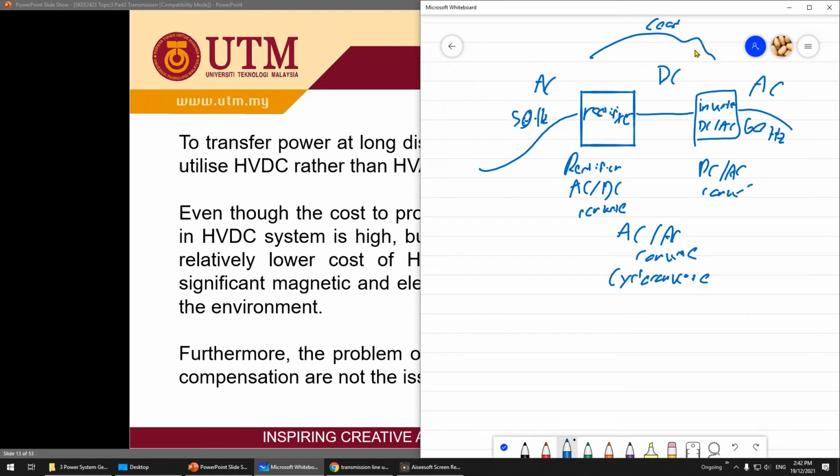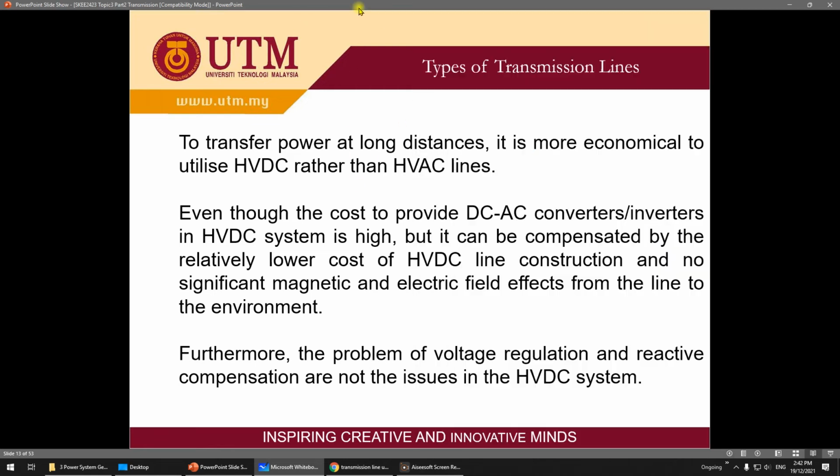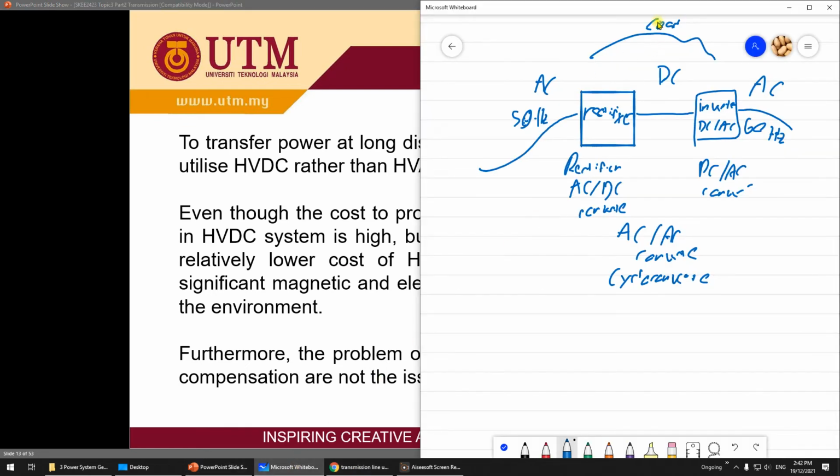But if the AC line is quite long, the AC cost will become lower. So for a very long distance, it is much better to use HVDC rather than HVAC.